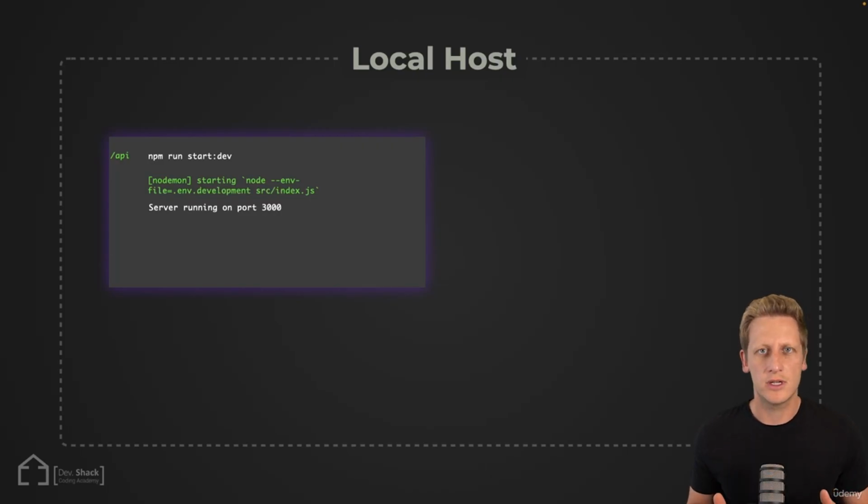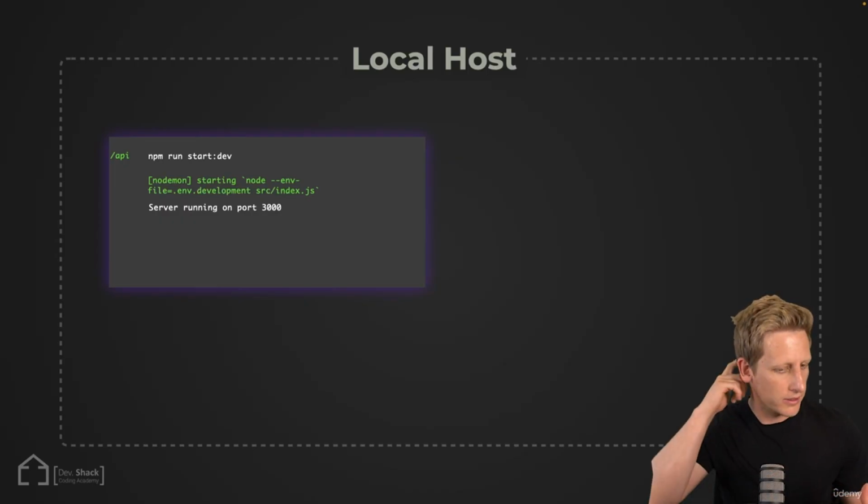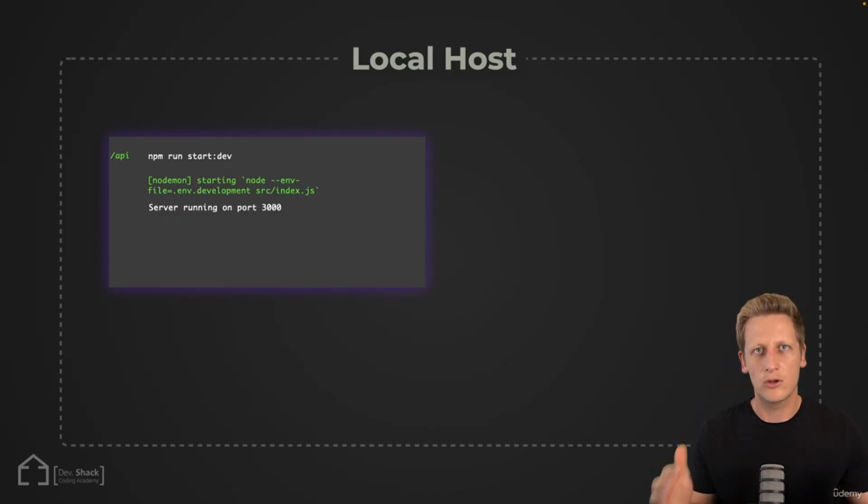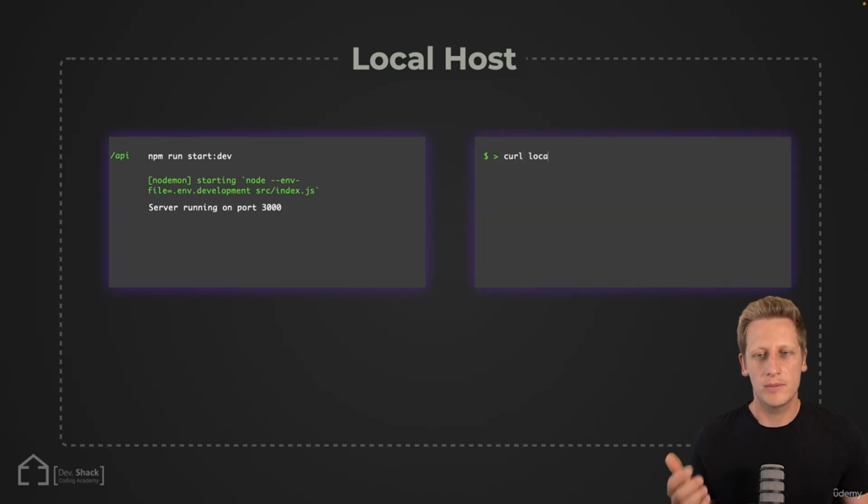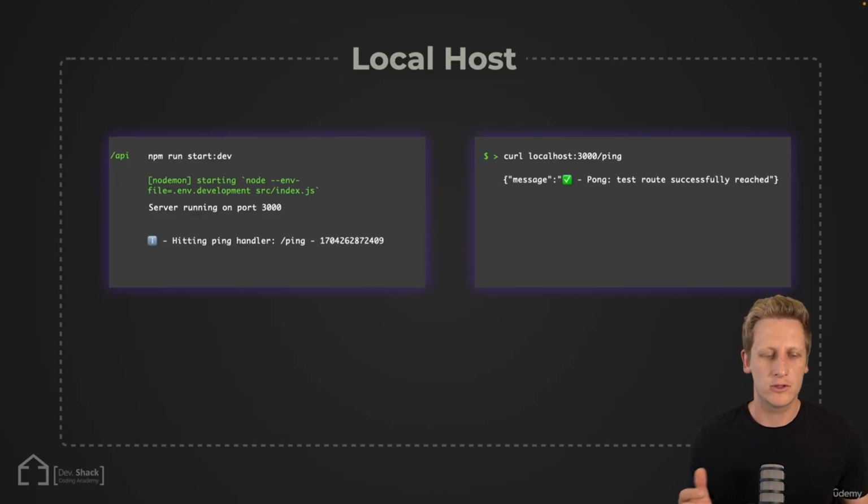The important thing to take note of here is that this port that is exposed, listening for traffic on the network, is within the localhost, so that's on the computer or the machine that you're working on. Now that we've implemented that ping endpoint, when we make a GET request to that specific endpoint on port 3000, everything's working fine.